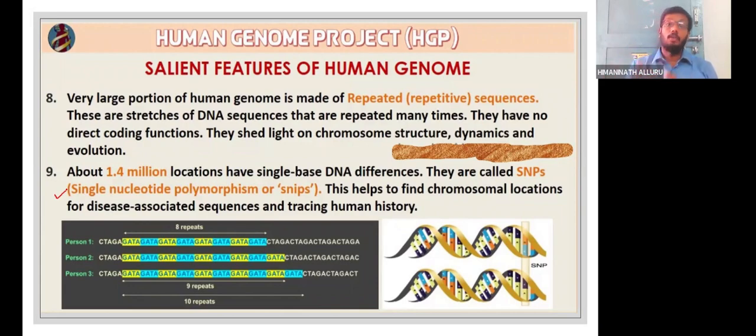Similarly, the Human Genome Project is very important to understand disease-associated sequences and for tracing human history. Recently a study was published on why people in Europe were getting more corona compared to Asian people. In Asia, the impact was much lesser than in Europe.